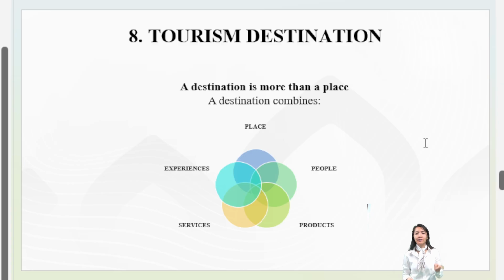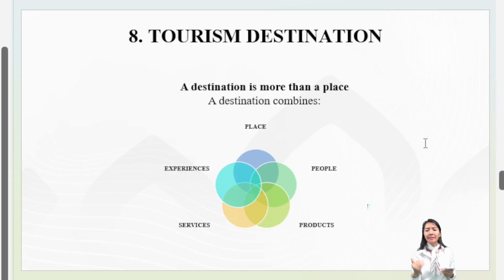Tourism destinations: a destination is more than a place. Tourism destination is one of the main themes of today's lecture, because a destination is not just a location. As I said before, it includes additional services, attractions, amenities, and also different services.